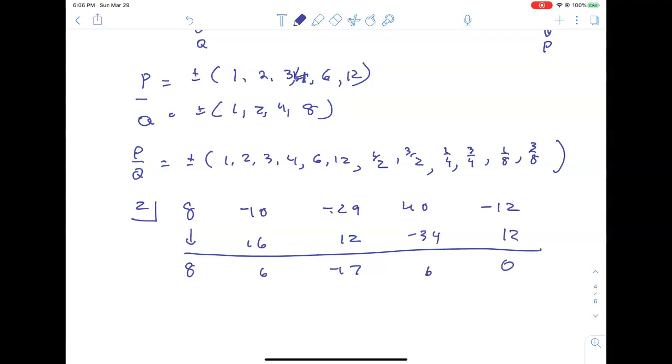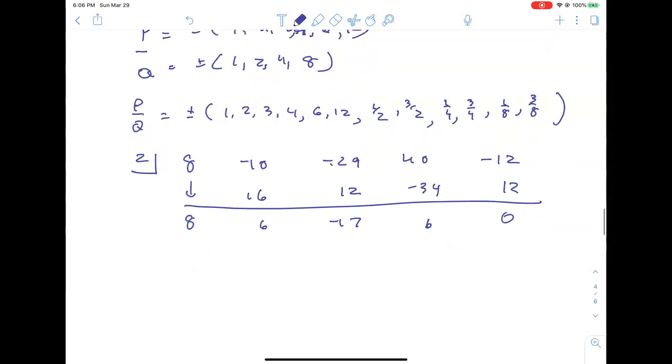All right, good guess that time. So 2, which was originally on the list anyway, that worked. Now we've got it down to an x to the third. So let's go ahead and do synthetic division off of this.